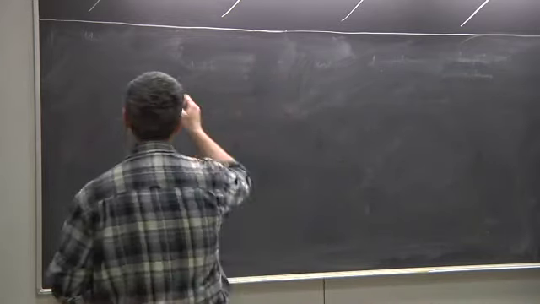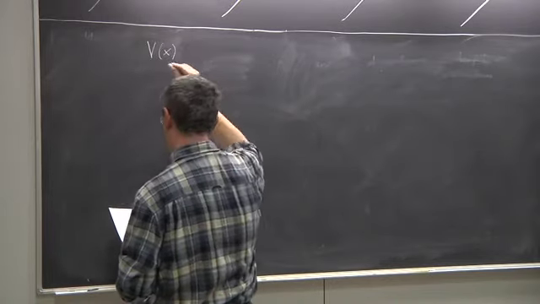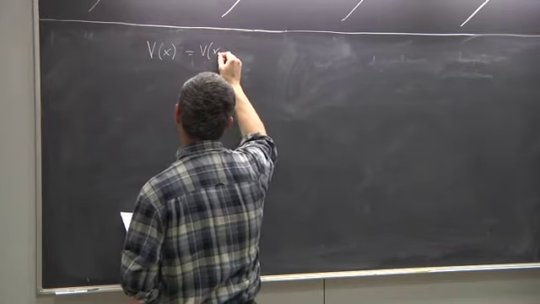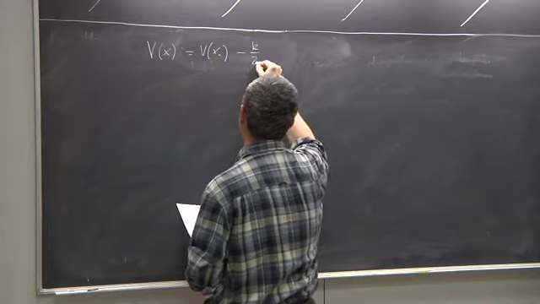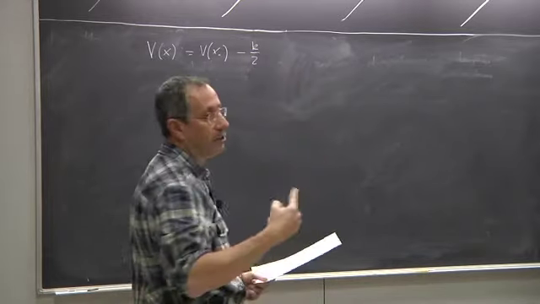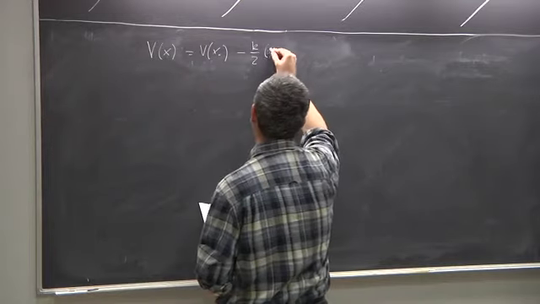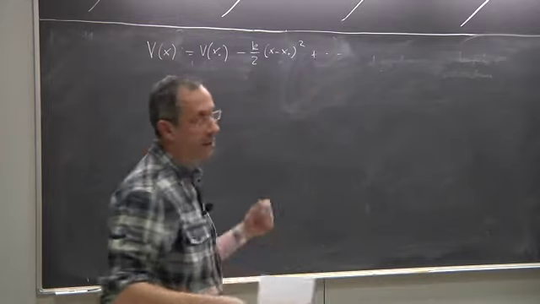Remember, everything started from writing our potential near the equilibrium point: minus k over 2, that was one half of the second derivative of the potential, times the displacement, doing the Taylor expansion.